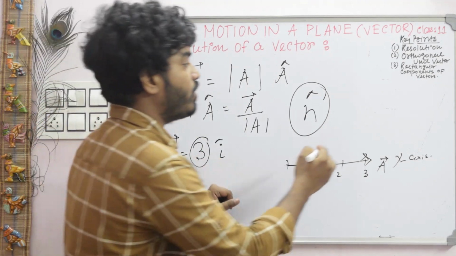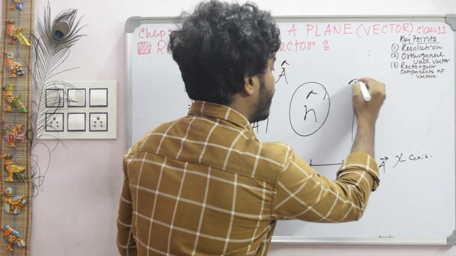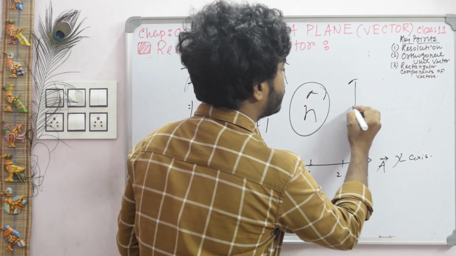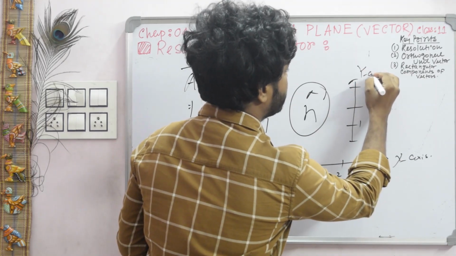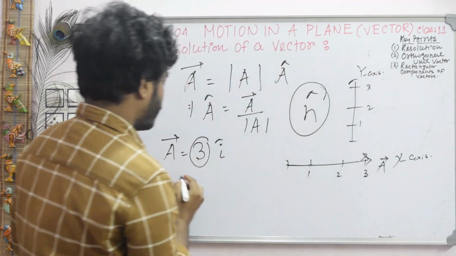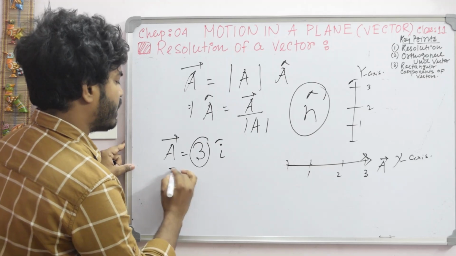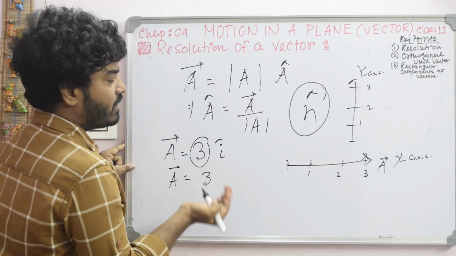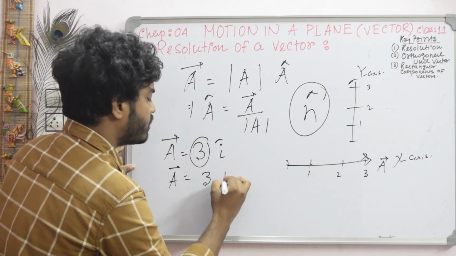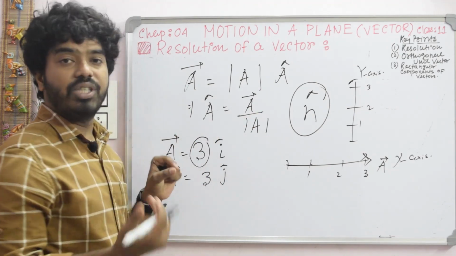In the same way, if we consider a vector A along the y axis, with the same magnitude 3, you can write vector A equal to magnitude 3, and the y axis direction is represented by j cap.